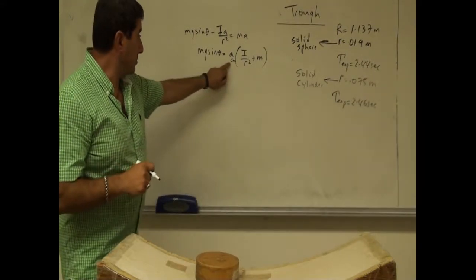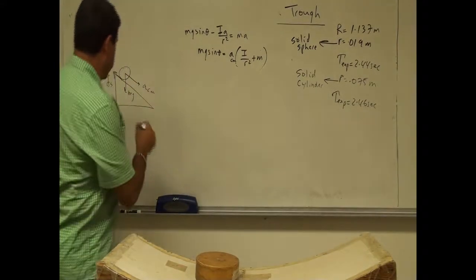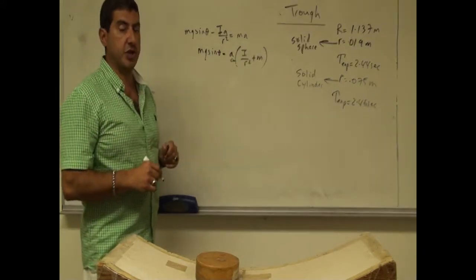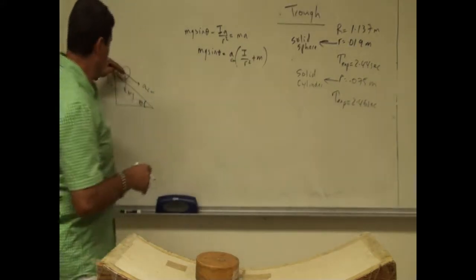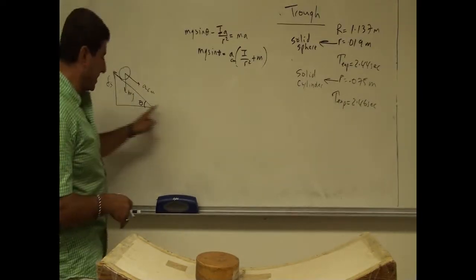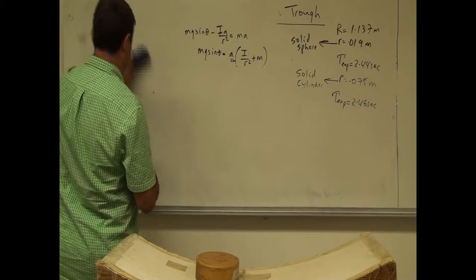So that is related to the sine of the angle of the incline, and also the moment of inertia of the shape. But in our case, it's actually not going down a ramp that is a constant angle, but it's going down a trough. So how are those related?